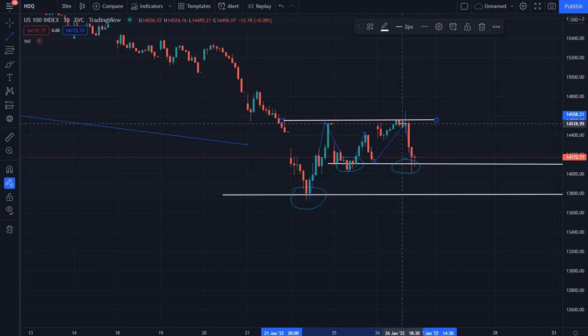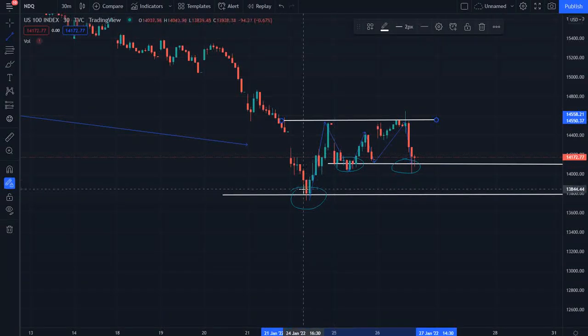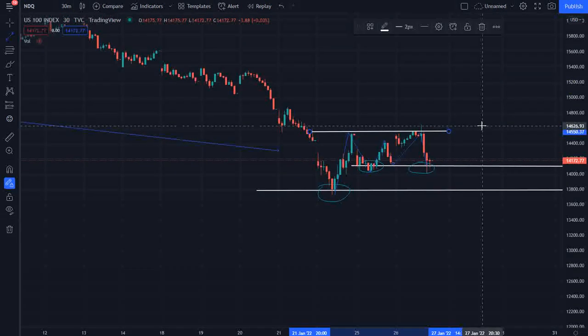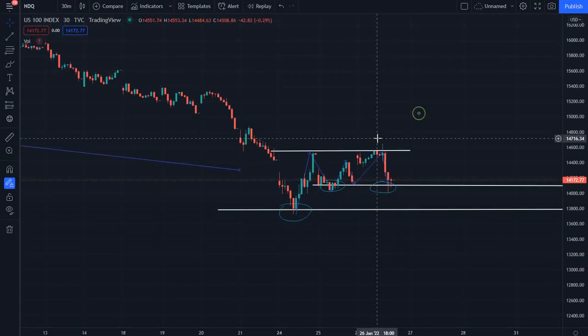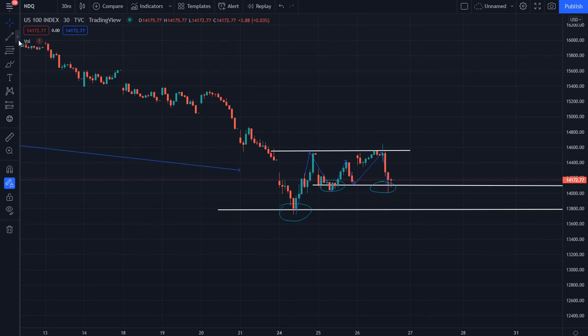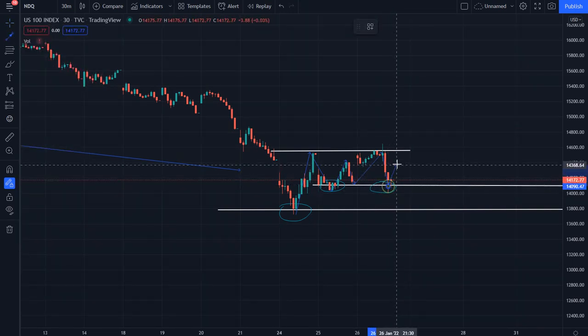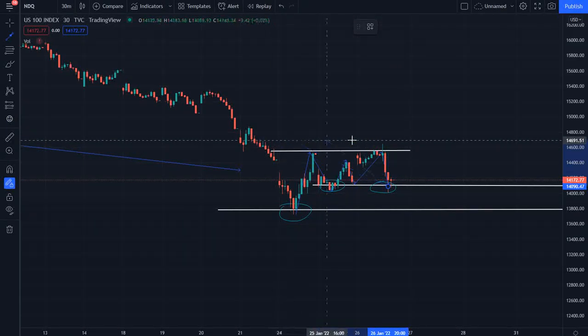Alright, okay, so up, down, up, down, up, down, here we go. Now, if this wants to be an uptrend, then we should expect this here to go up and break this.